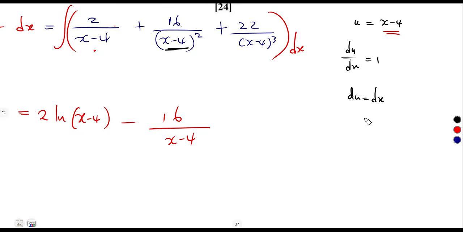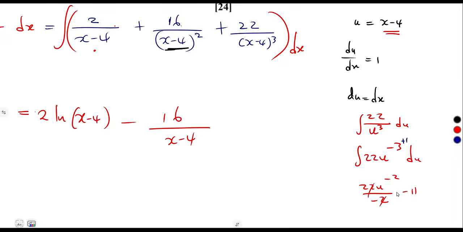So you do the same thing on the other one. Here, it's going to be the integral of 22 over u to the exponent of 3 du. Remember, du and dx are the same. So that's 22u to the exponent of minus 3 du. Integrating, you add 1. So that's 22u to the exponent of minus 2 over minus 2, which is negative 11u to the exponent of minus 2.